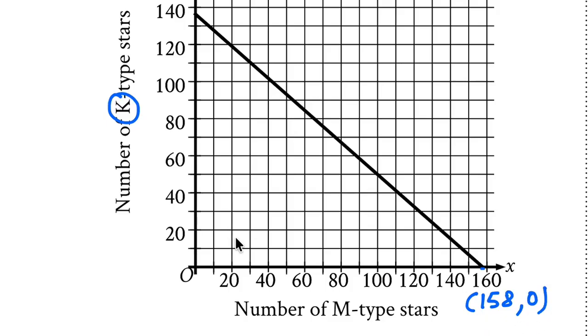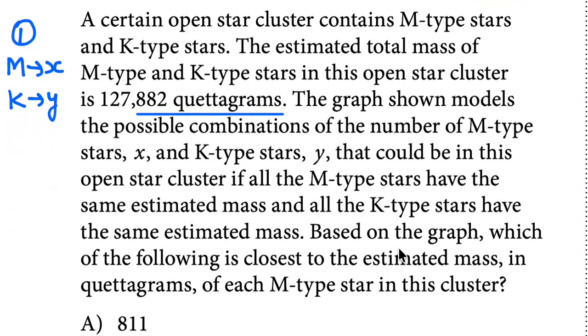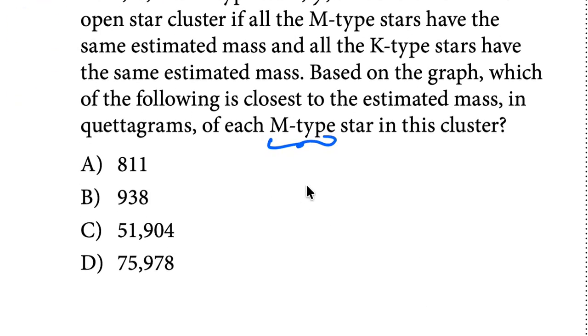The question is only asking about M-type stars, so we are trying to find the x-intercept, where K-type stars are 0. And the x-intercept here is 158. That means when there are 158 M-type stars, K-type stars are 0.